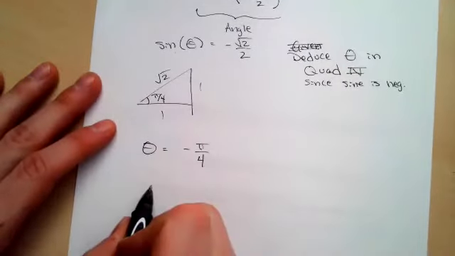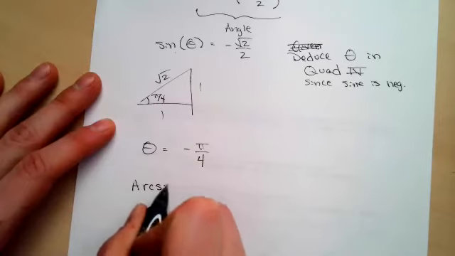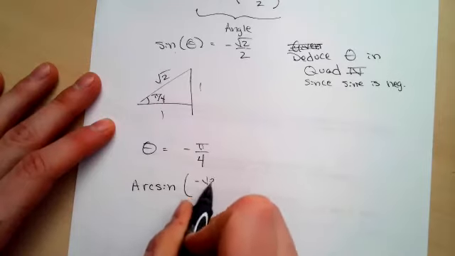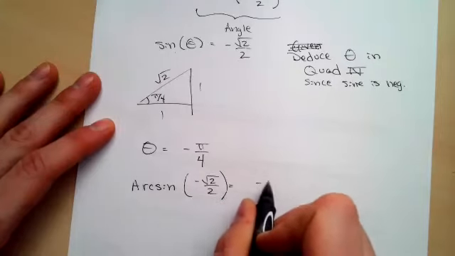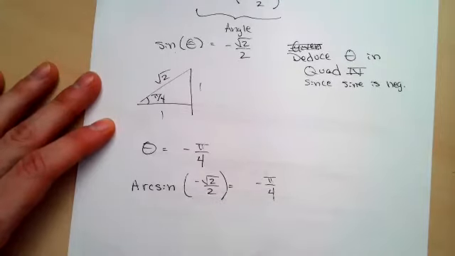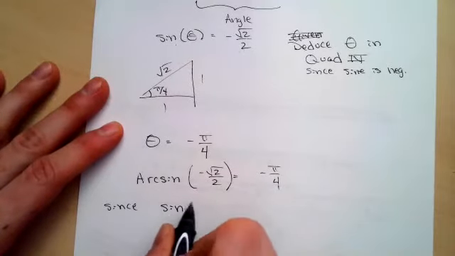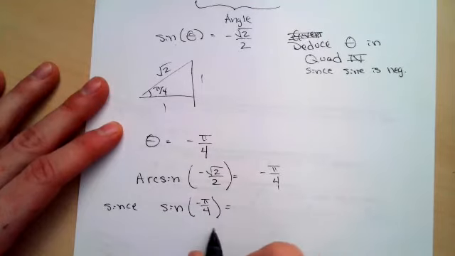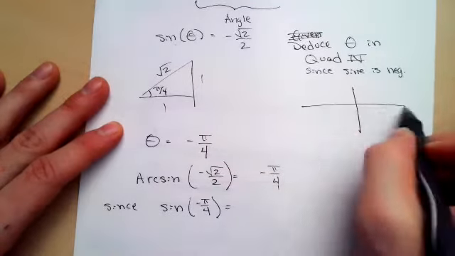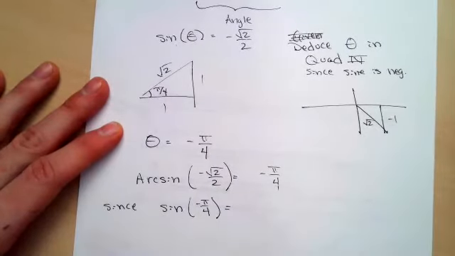In other words, arc sine of negative square root of 2 over 2 is equal to negative pi over 4. Since if I were to compute the sine of negative pi over 4, we would get negative 1 over square root of 2.